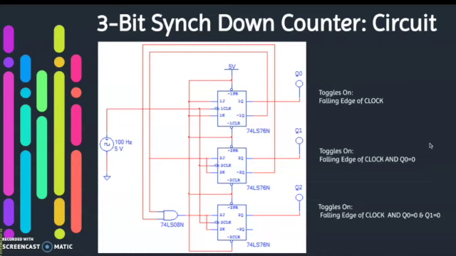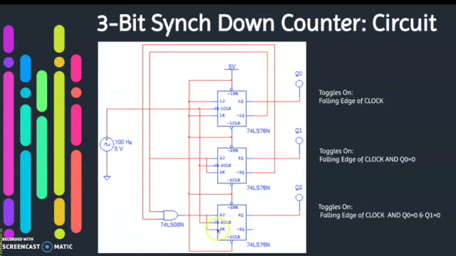Okay, so this is what the actual circuit would look like for the 3-bit down counter. What we can look at here is, again, we have the clock. That clock is connected into all 3 of the clocks independently. Our clear goes to our preset, just like that. And then our top preset is set to a digital constant, and that is looping back around to connect to the bottom clear.